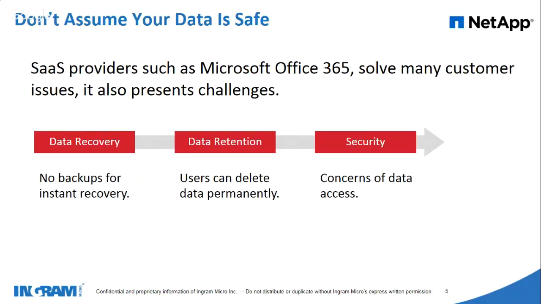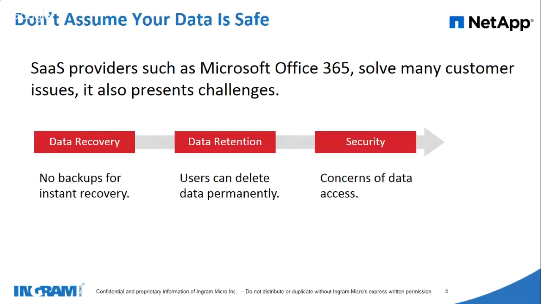Hence, it is essential to make sure that your data is safe and secure by protecting your data and making sure that there are no accidental deletions or changes to your data. One of the easiest ways of making sure you have protection for your data is having a backup. If you have a backup, you can always go back in history, get the data, and restore it.